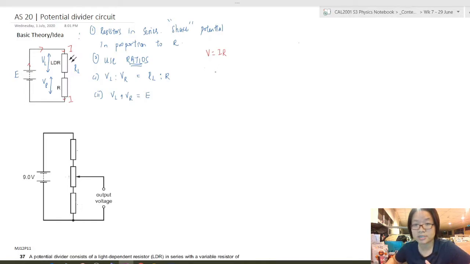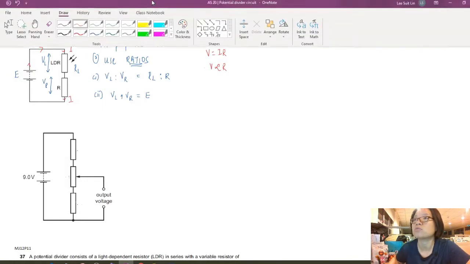Since the current passing through both resistors is the same, V is proportional to R. This means the ratio of V will be equal to the ratio of R. Or you can look at it this way: potential is defined as work done per unit charge. So the larger the resistance, the more work done you need, the higher the potential. So there's a conceptual thing and a mathematical equation thing, and they have to complement each other, like fries and tomato sauce.